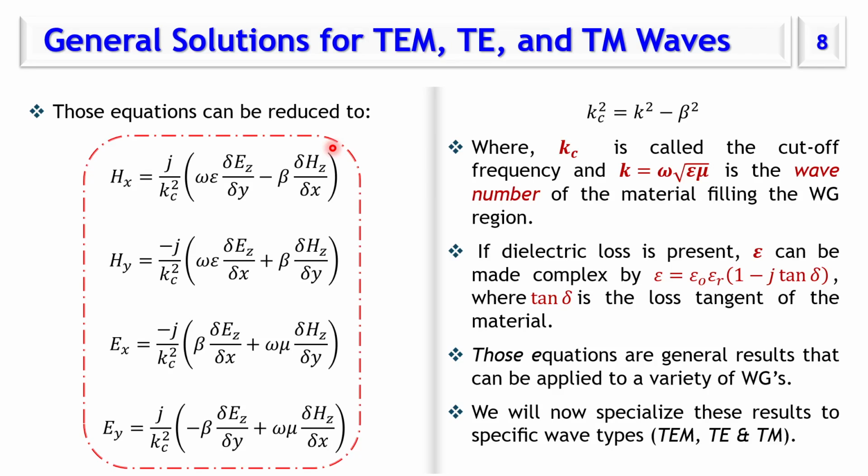We are just considering the positive z direction, and we are assuming a perfect conductor. Those equations can be used to study the 3 different categories of waves propagating inside waveguides, which are transverse electromagnetic, transverse electric, and transverse magnetic waves, and we're going to study the 3 of them in the next slides.